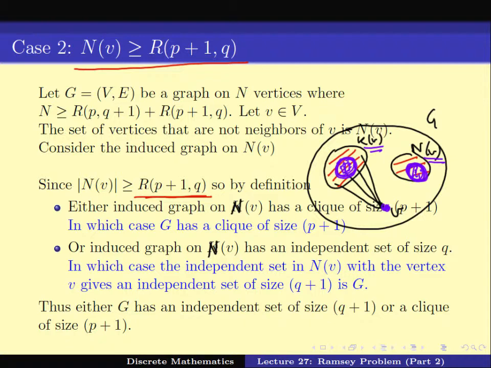Correct? So in that case also there is no edge. So in this case also we either get an independent set of size q+1 or a clique of size p+1.